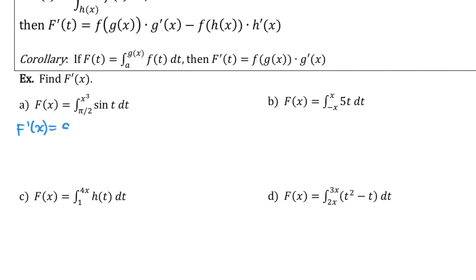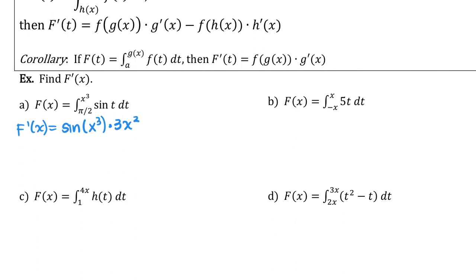I'm going to get sine of, and I'm going to plug in the upper limit, x to the third. But because I can take the derivative of x to the third, because it's a function, I have to times it by 3x squared. Now since the lower limit is a constant, I don't need to worry about it because once I take the derivative of the constant, it's going to go to 0. So this is what F prime of x is.